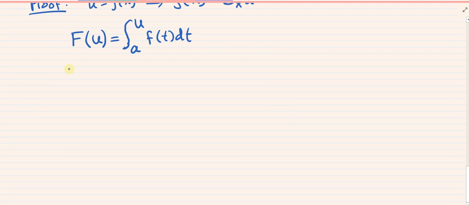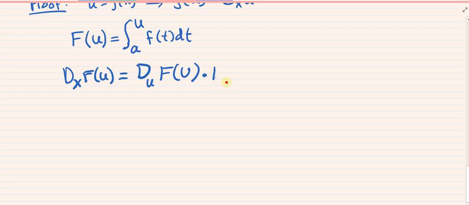Okay, if I take the derivative of both sides, then d/dx of F(u) is going to equal the derivative of the capital function F of u times the chain rule, that's du/dx. That's because of the chain rule.